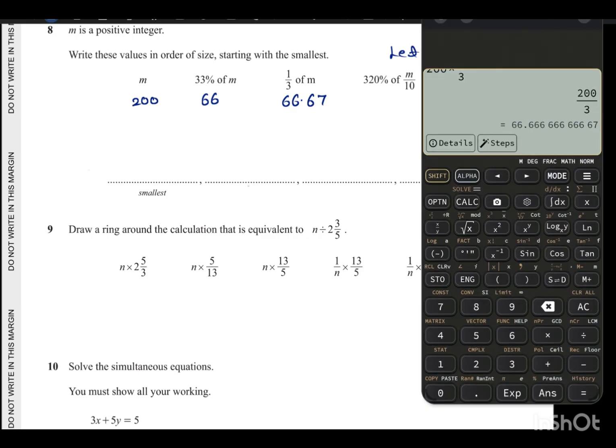Then 320% of M by 10. So write down M by 10 here, which is 20. Then 320% means 320 by 100 times 20. It's 64.